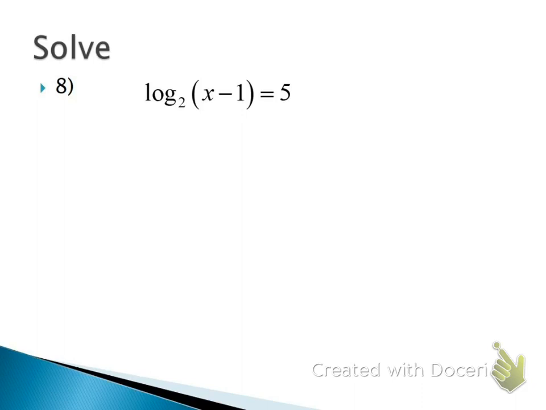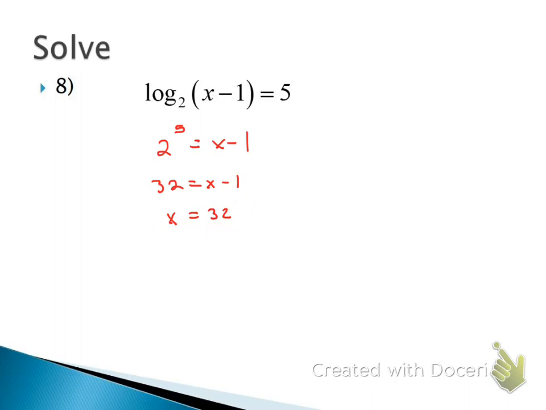So it becomes 2 to the 5th equals x minus 1. Look how basic this problem is now. What's 2 to the 5th? 32? So I have 32 equals x minus 1. I'll add 1. X equals what, guys? 32.